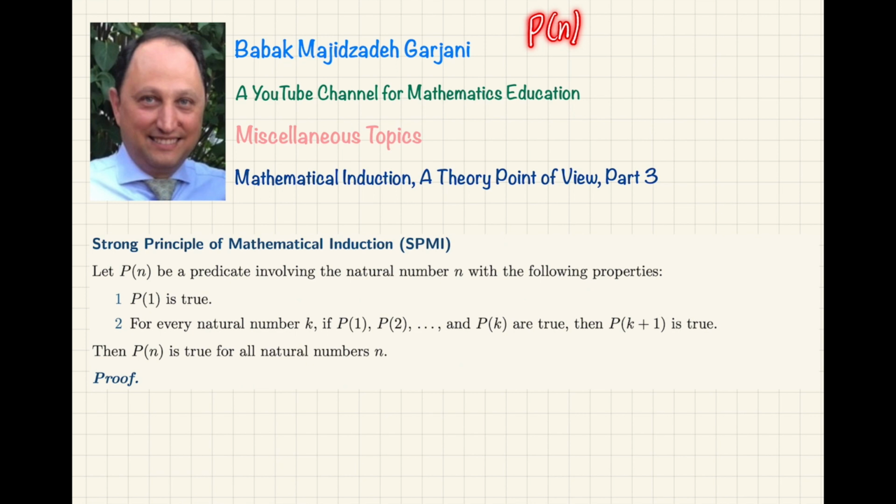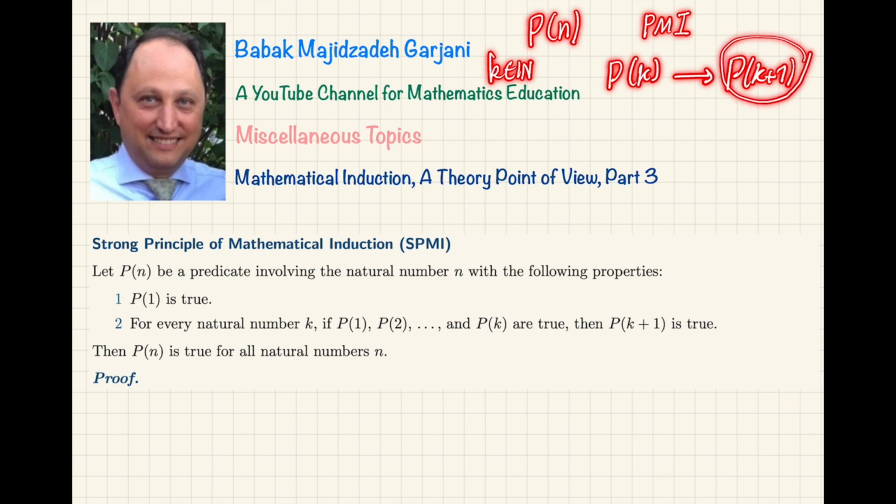In the inductive step for the principle of mathematical induction that we learned in the first video, you assume that p of k for some natural number k is true, and prove that p of k plus 1, the next one, is true as well. But sometimes, as I will show you shortly with an example, the nature of the problem is such that concluding the truth of p of k plus 1 based on just the truth of the previous step p of k is not straightforward.